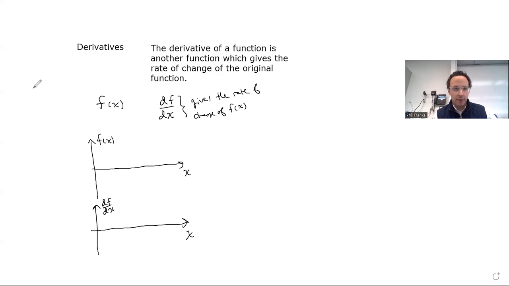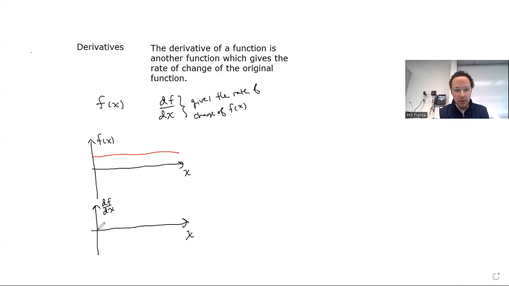So let's say the first function is something simple looking like this thing here. So I'm trying to draw a horizontal line, a constant function. So whatever the input x is, the output is always some constant value. Well, that means the original function has no rate of change, or the rate of change is 0.